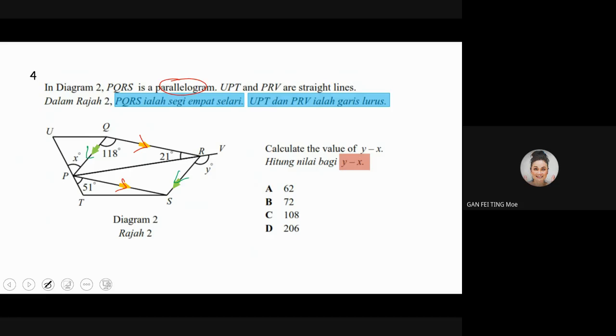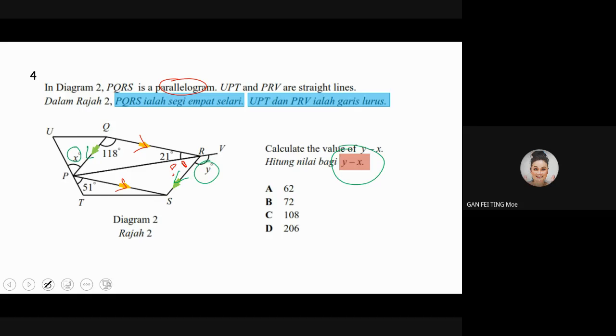Sorry, I haven't gone to my question yet. The question says y minus x. So for y minus x, you need to know the value of this minus the value of this. Check the diagram. In order to know the value of y, you need to know this.